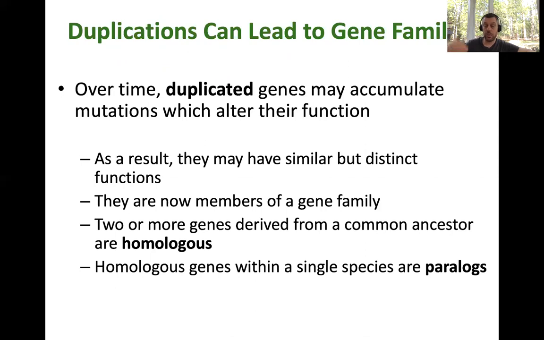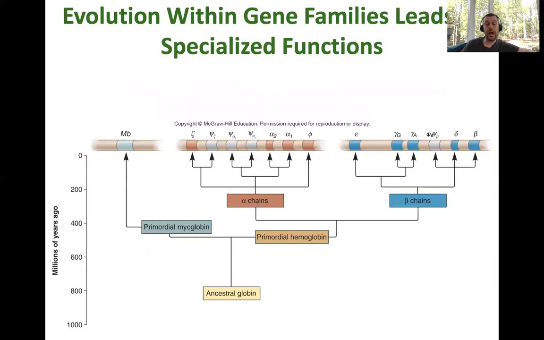So you can have homologs between species and paralogs within species. To give you a cool example of this in human evolution, you can use globin genes, so beta globin, hemoglobin genes, to show you how things changed over time.